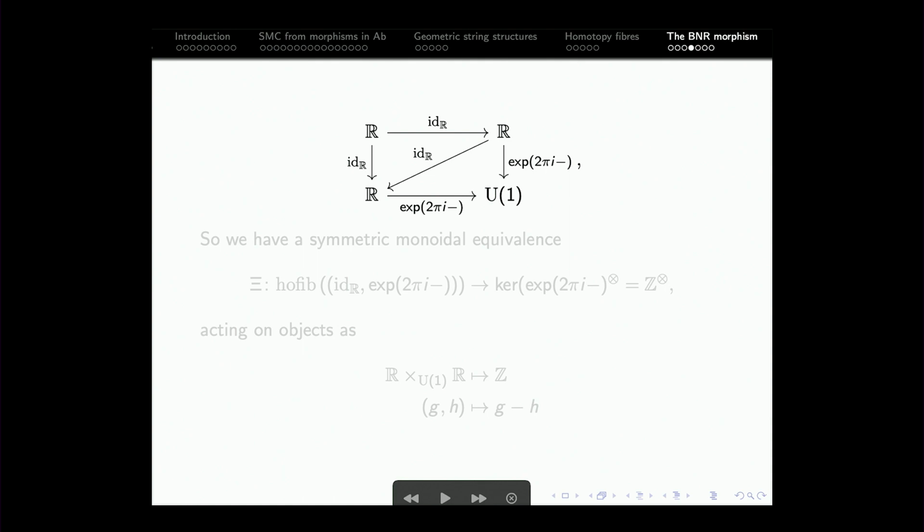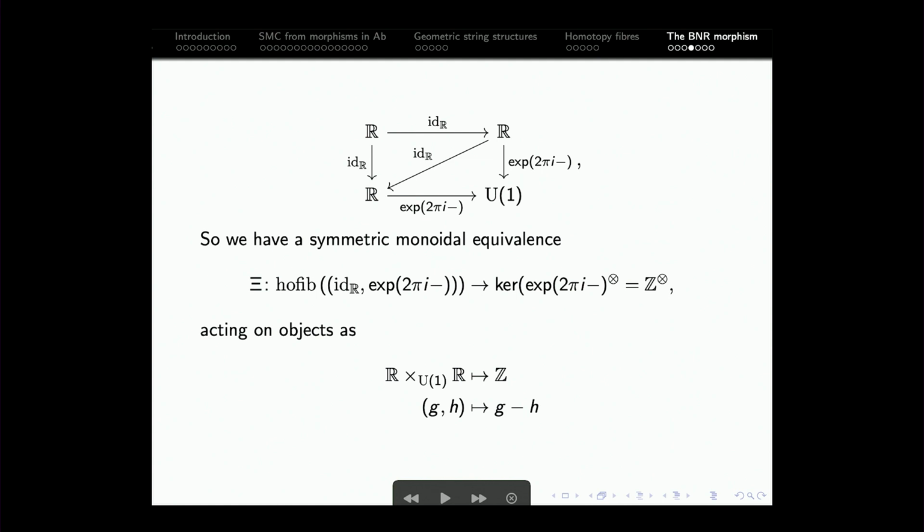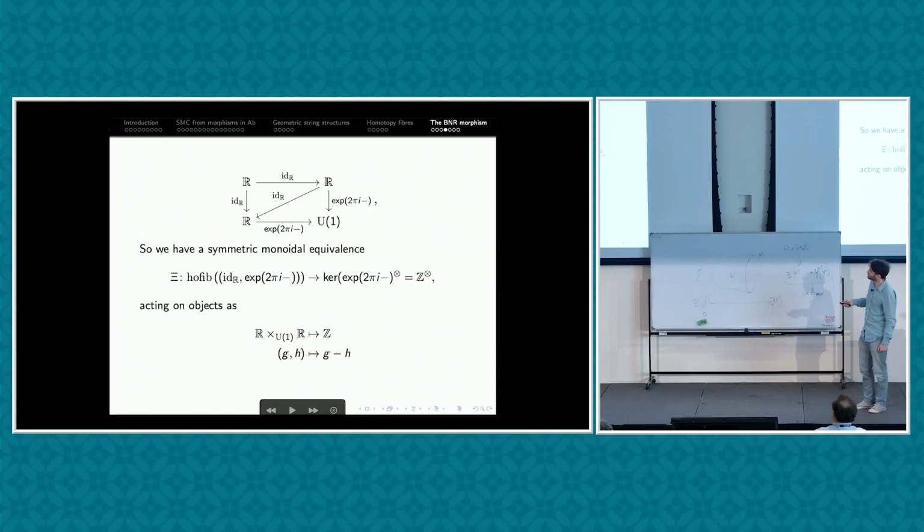It's just the kernel of the map on the bottom, and the kernel of the bottom map is just Z. So a theory which has as a target the homotopy fiber of this is just a theory which has as a target the integers. And also, the isomorphism here is completely explicit. On objects, it's just given by the difference.